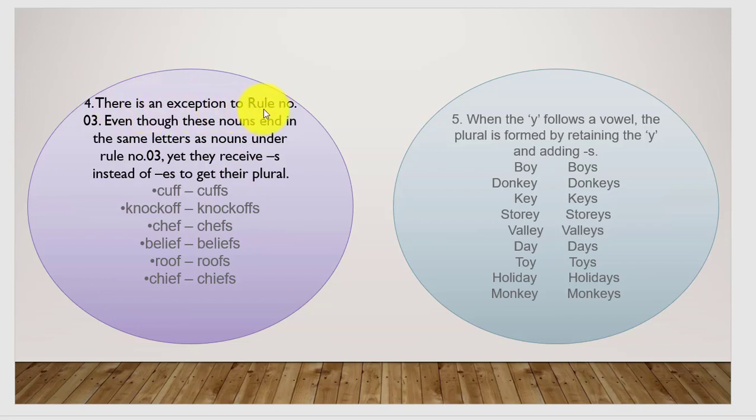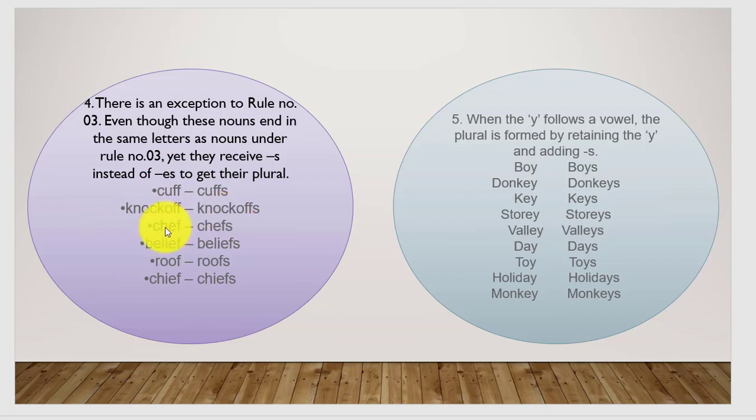Even though these nouns end in the same letters as nouns under rule number 3, yet they receive s instead of es to get their plural. These are few in number, and you can see cuff, cuffs.